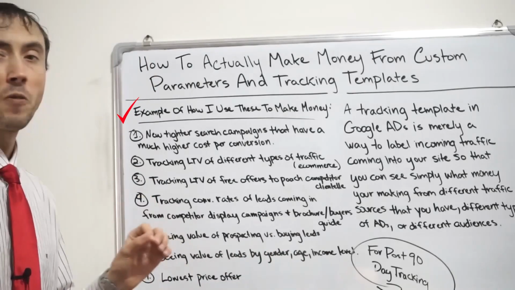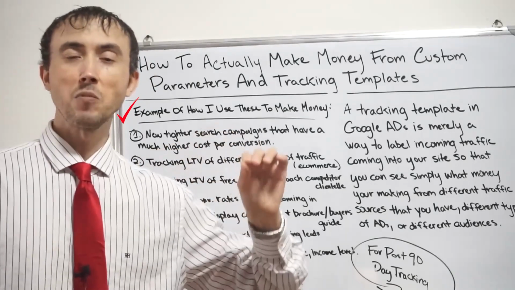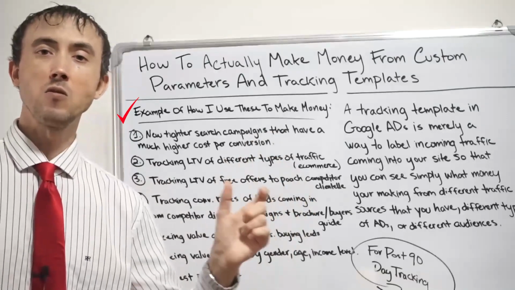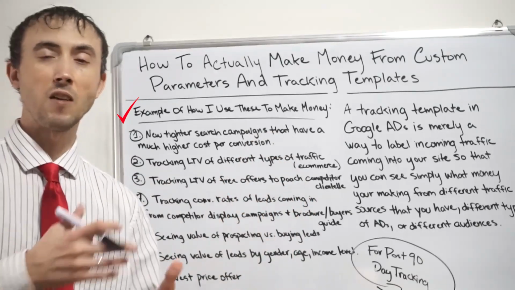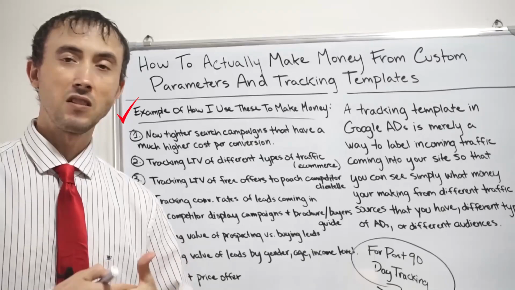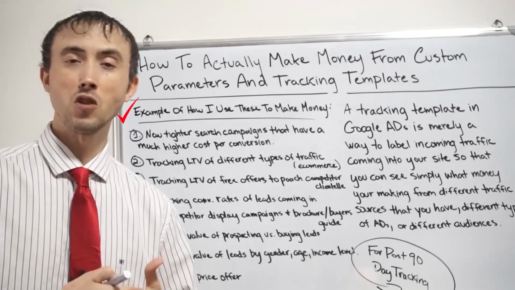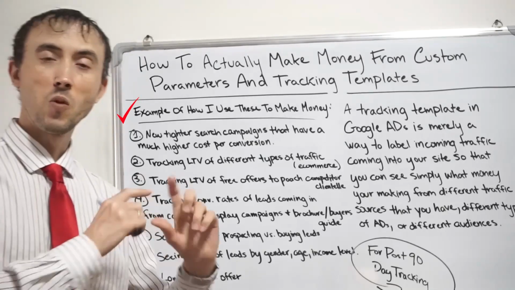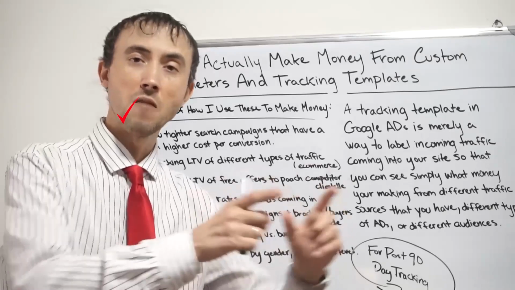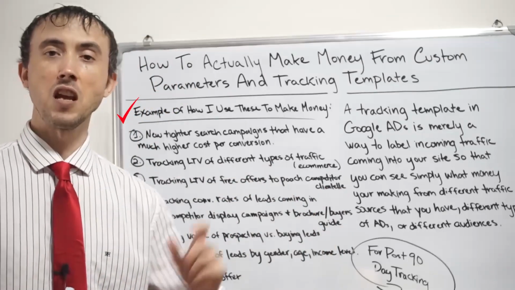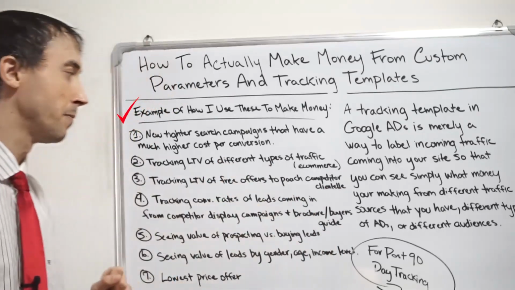Tracking templates are different in that if you want to track something that's different than the default value track parameters, which only track a few things, like basically 10 different options of things that you can track in terms of what that user's like, so that that information is stored in your customer database or in your CRM.